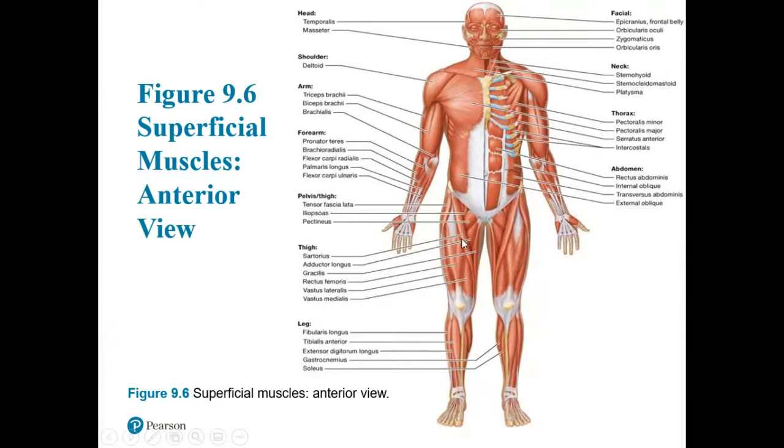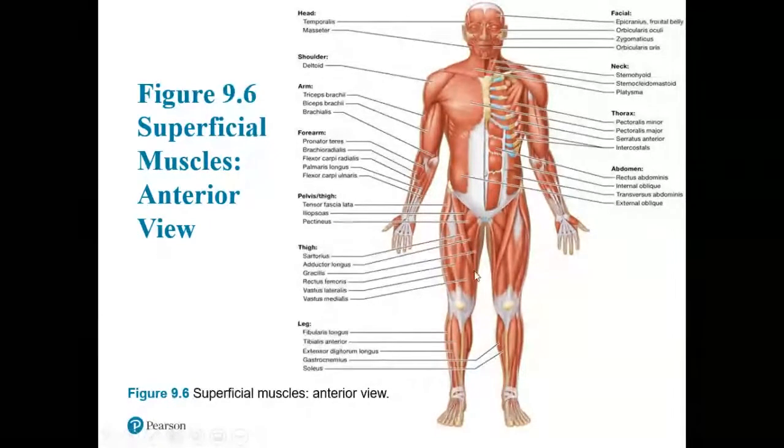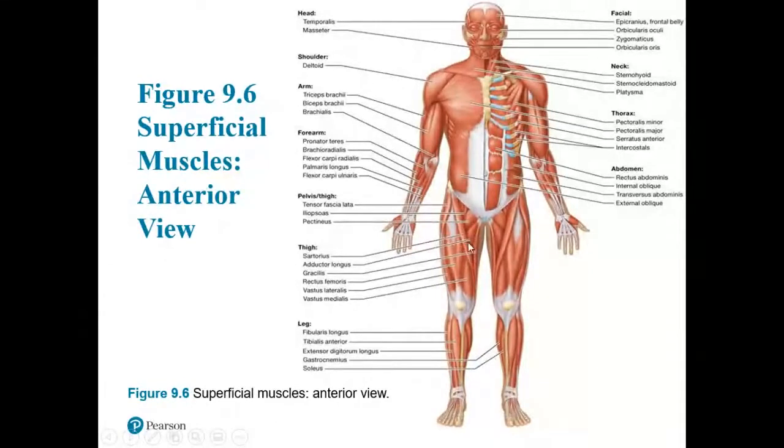Now, for complete adduction and complete stabilization of your leg, yes, you do need the pectineus, but you also need the adductor group right here. Okay, so this is the adductor group, excluding the sartorius. So without the sartorius, you have the adductor longus right there.